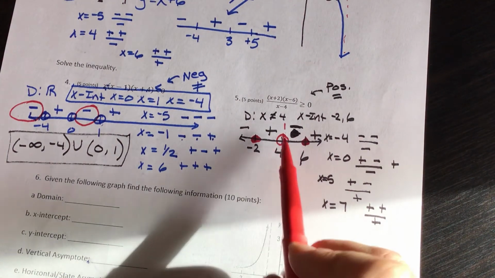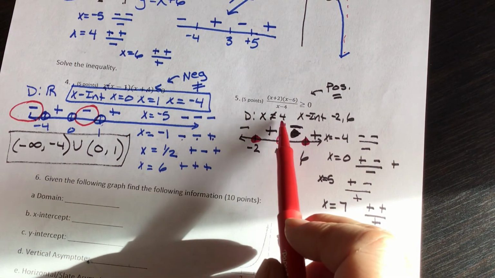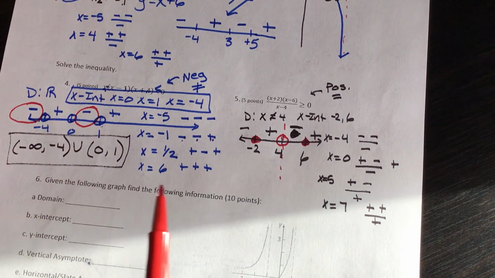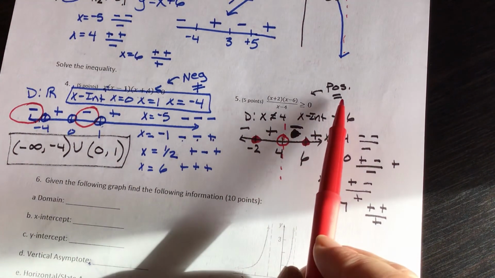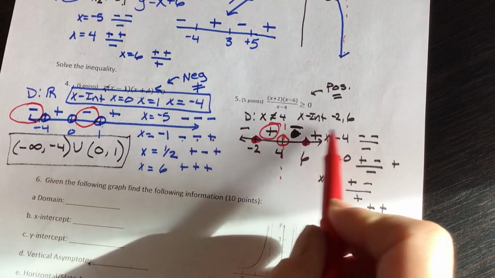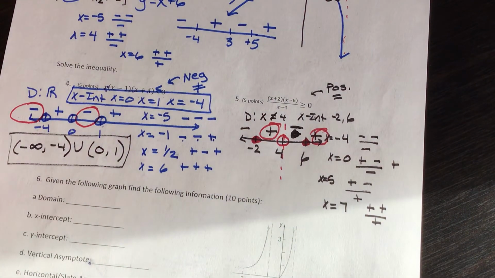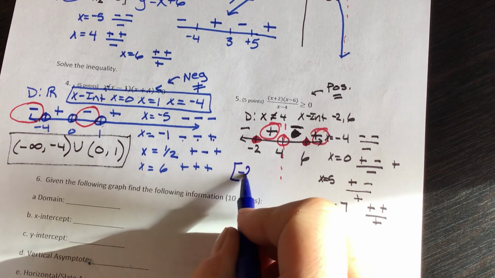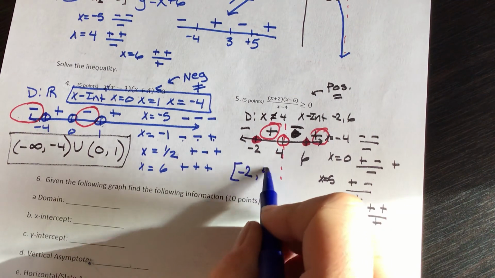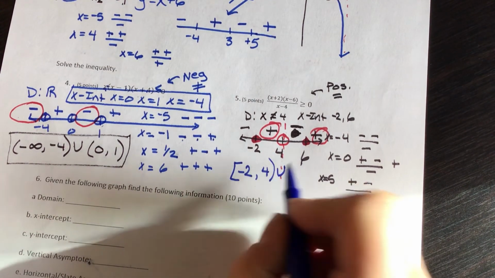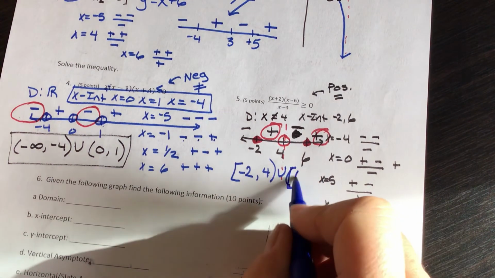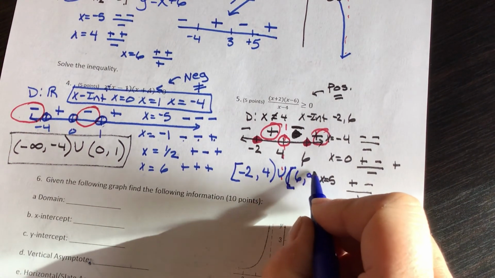So I can never include a value of 4 because that's not in my domain. So I'm looking for positive values. So I have a positive here and a positive over here. And to write the set notation, I have numbers between and including negative 2 up to 4, not including 4, and another set at 6 going to infinity.